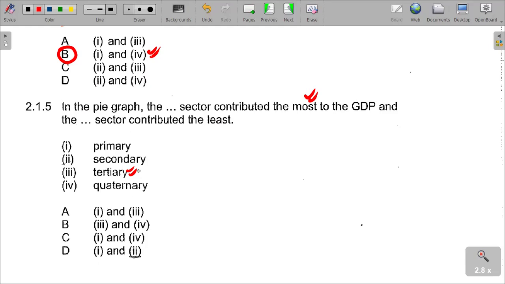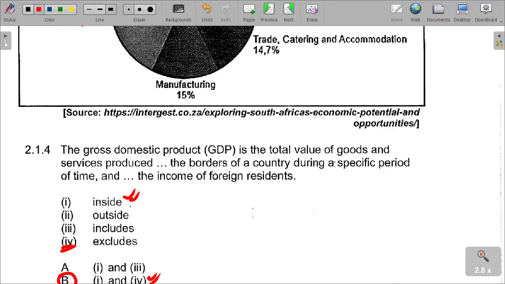So 3 and 4: the tertiary sector contributed the highest, and the quaternary sector the least. The highest comes from the tertiary sector, and then the least, quaternary. Consultative services.